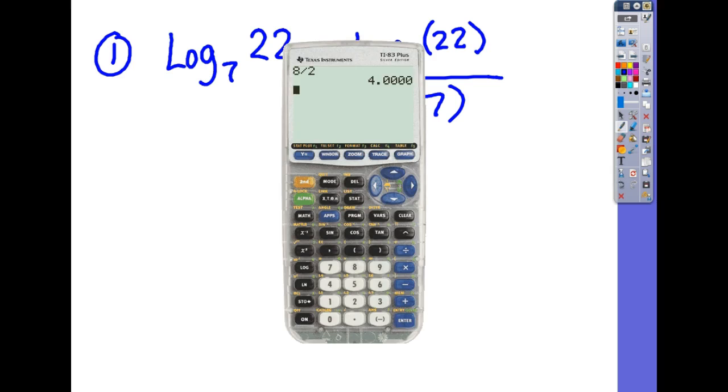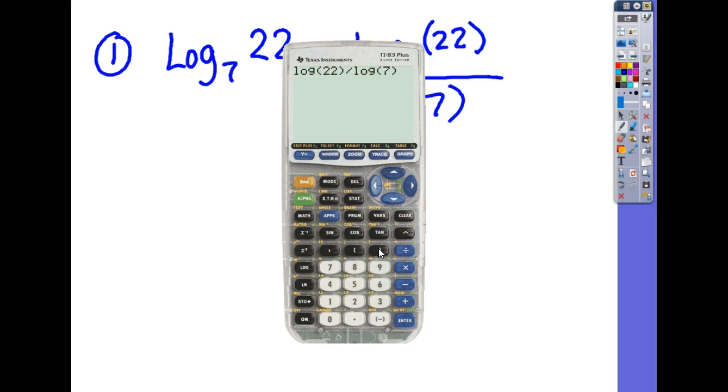So with my calculator, I clear that out, log of 22, close parentheses, divided by log of 7, close the parentheses. You will not get the right answer if you do not close the parentheses.